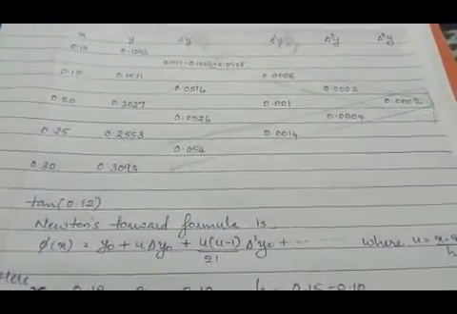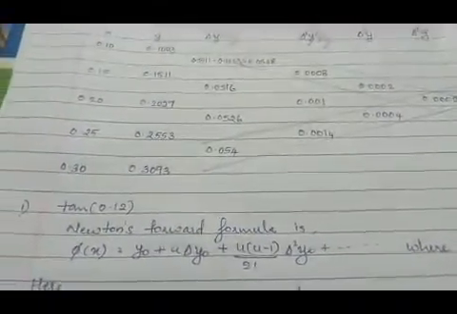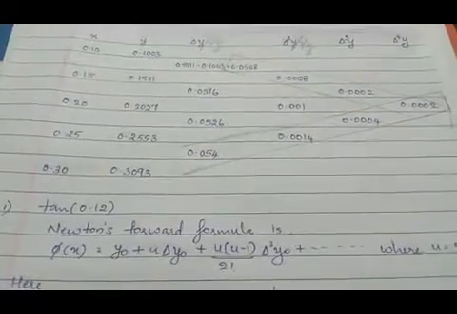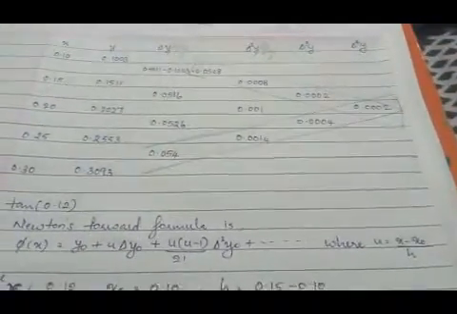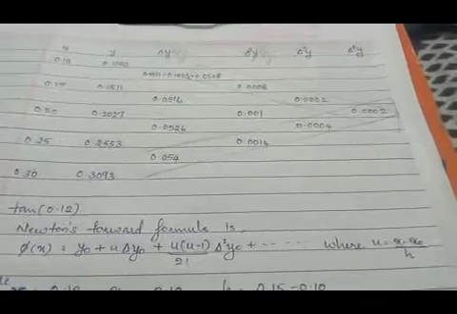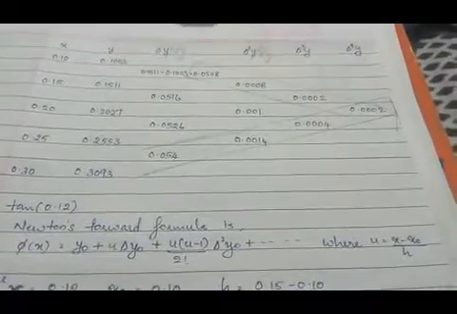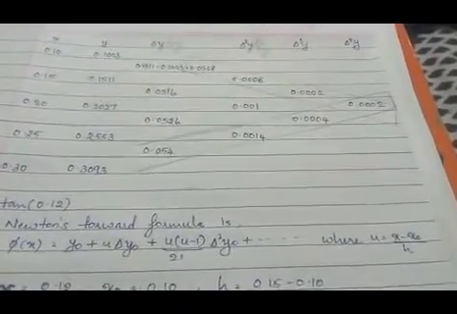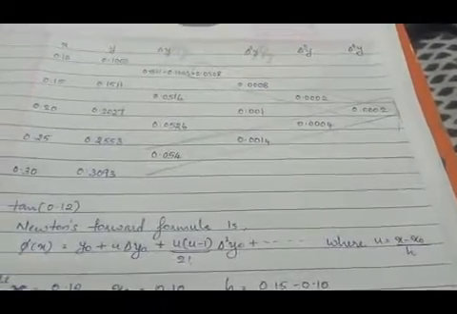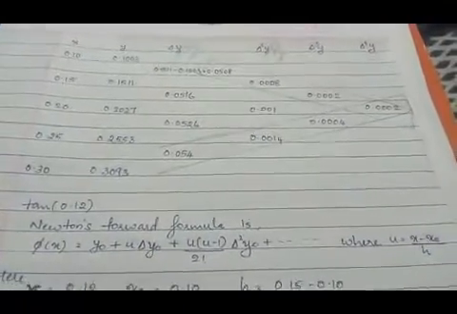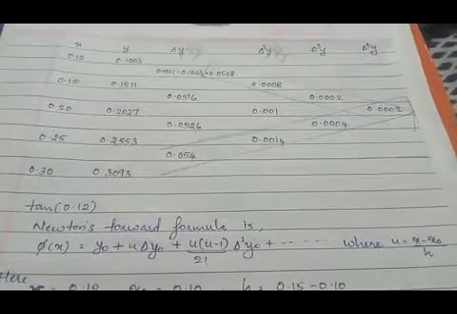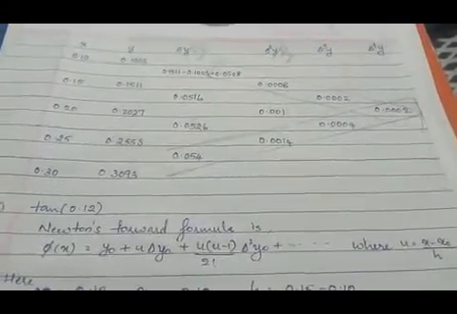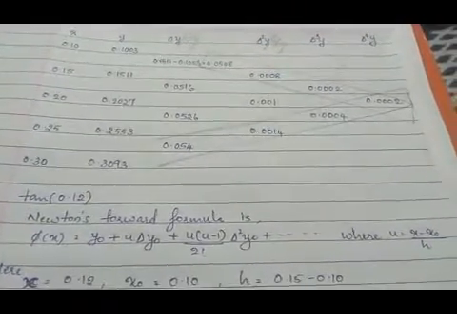Newton's forward formula is phi of x equal to y0 plus u into delta y0 plus u into u minus 1 by 2 factorial delta squared y0 plus etc., where u equals x minus x0 by h. So we have taken the second formula, that is the simpler formula of Newton forward interpolation.